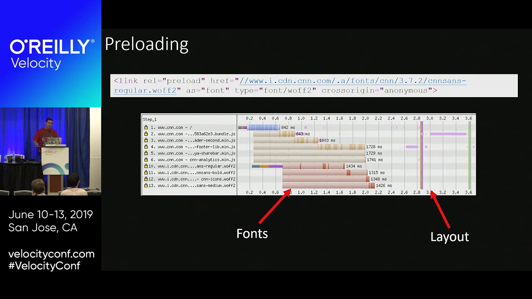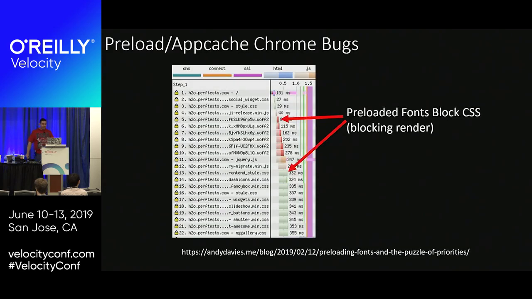Again, that may be something you want to do. Just be really aware that nothing comes for free. There's also Chrome bugs, well, idiosyncrasies. Because of Chrome's implementation of app cache, preload resources, no matter where you define them in the document, end up loading before anything the parser actually discovers.